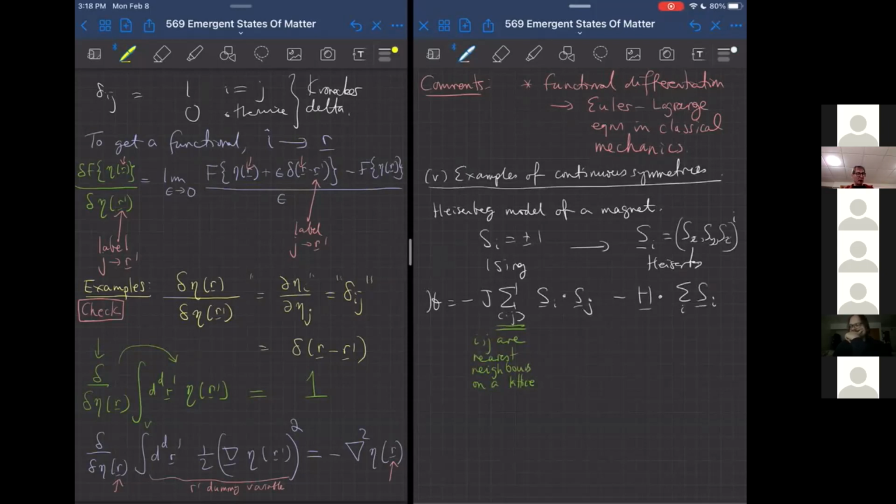So that would be the Hamiltonian for a Heisenberg magnet in 3 dimensions.